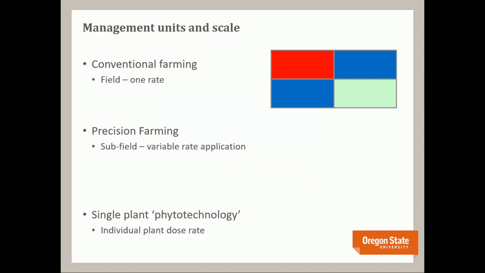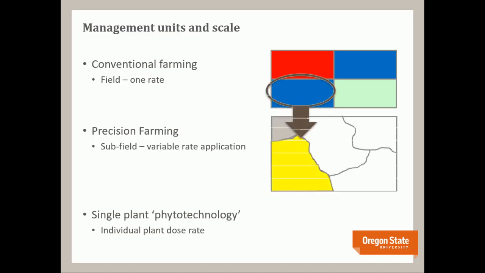Management units and the scale: conventional farming requires a field where one rate is applied. In the case of precision farming, subfield variable rate application is required to meet the requirement based on the variation within the field. With single plot technology, an individual plot dose rate is applied.